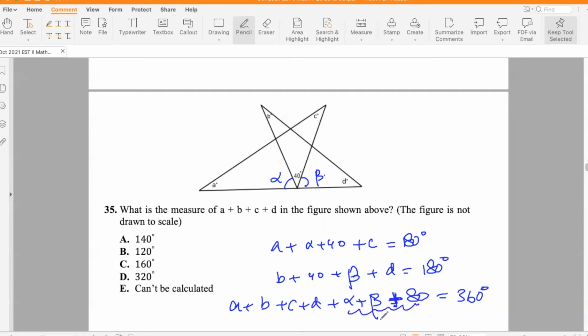So this alpha plus beta plus 40 is 180, 180 plus 40. So this is 220, right? So A plus B plus C plus D is 360 minus 220, which is 140. So A.